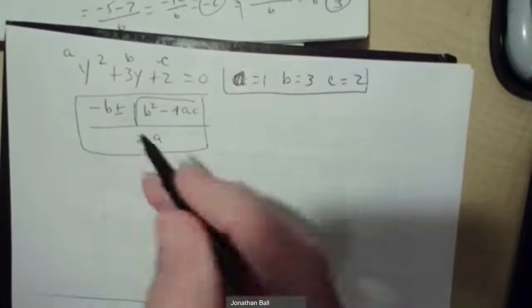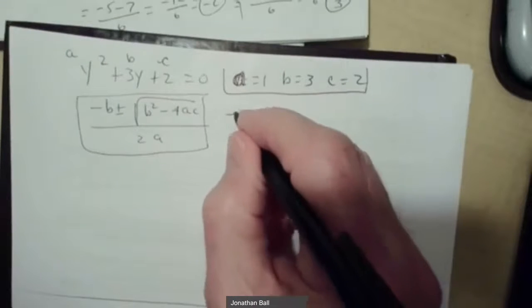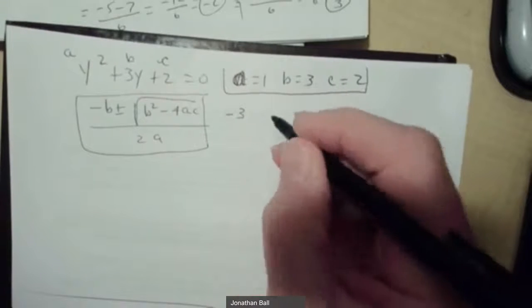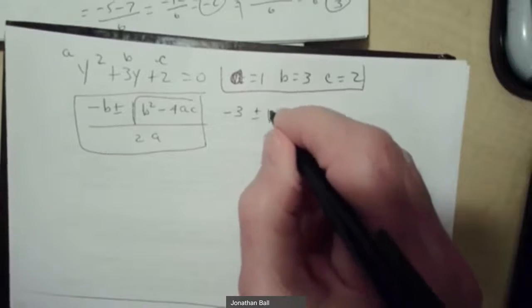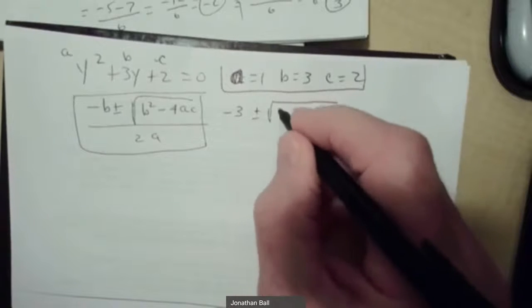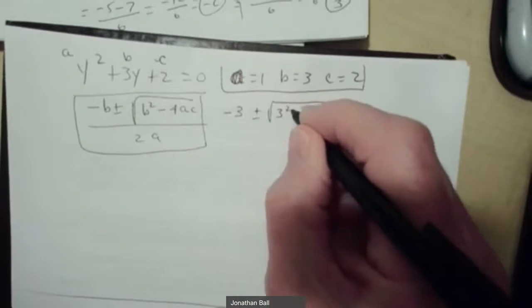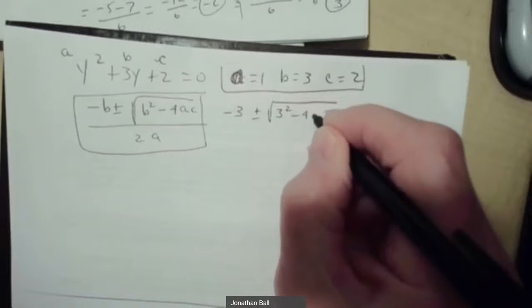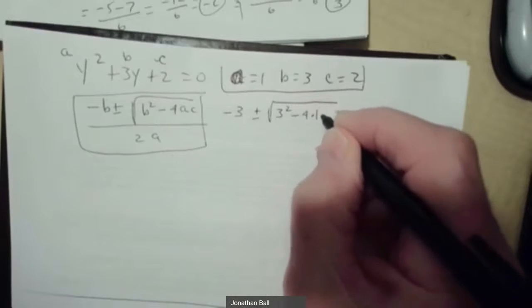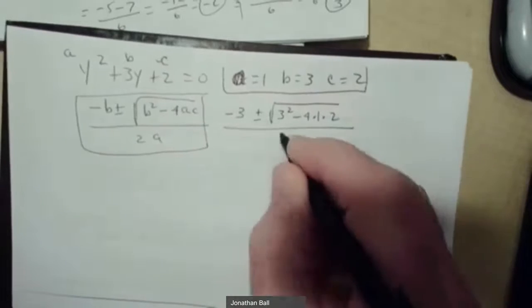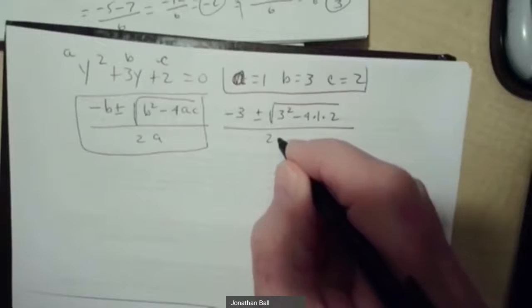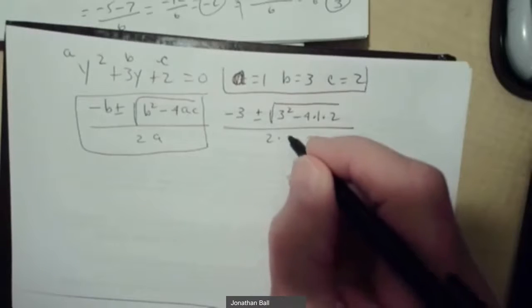So we have negative b, so we have negative 3. B is 3. Plus or minus the square root of b squared, so 3 squared minus 4 times a times c all over 2 times a.